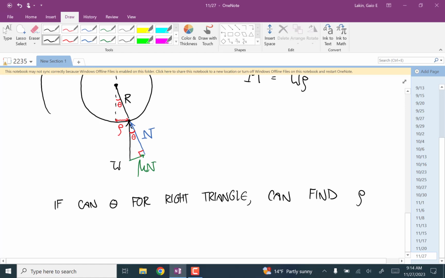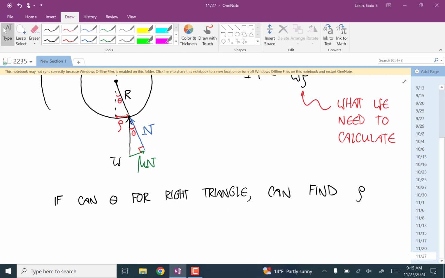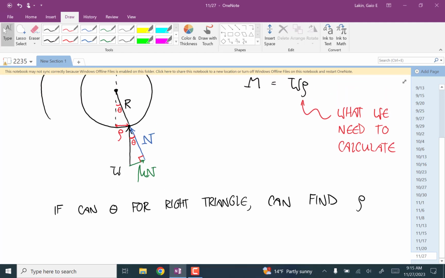And rho is the whole deal. This is what we need to calculate. Once you figure out that relationship, then it's just SAT math questions to figure out what that rho vector is and come up with the couple. Are you with me on that?